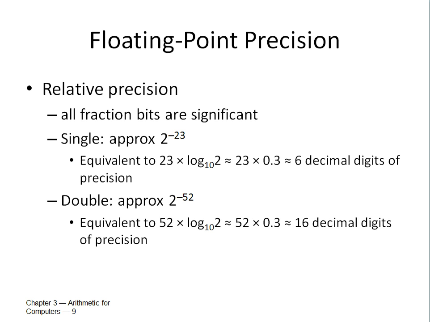Now the precision, which is how many digits we can express, we usually express this in terms of what we call epsilon. Epsilon is the smallest number you can add to 1 that still makes a number bigger than 1, which means there are numbers we can add to 1 which end up giving us 1 as an answer.